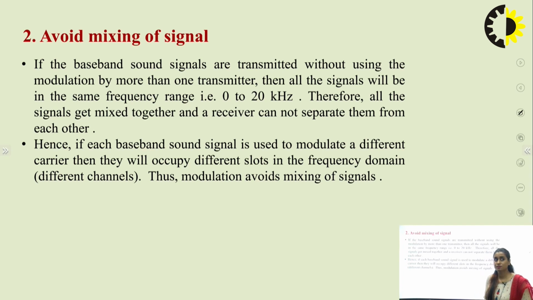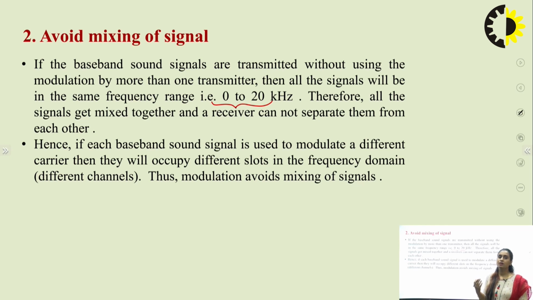Next, avoid mixing of signal. If the baseband sound signals are transmitted without using modulation by more than one transmitter, then all the signals will be in the same frequency range, isn't it? Most of the communication that we do in today's world using our mobile phone, we are talking to our friends, our family, our relatives, right?